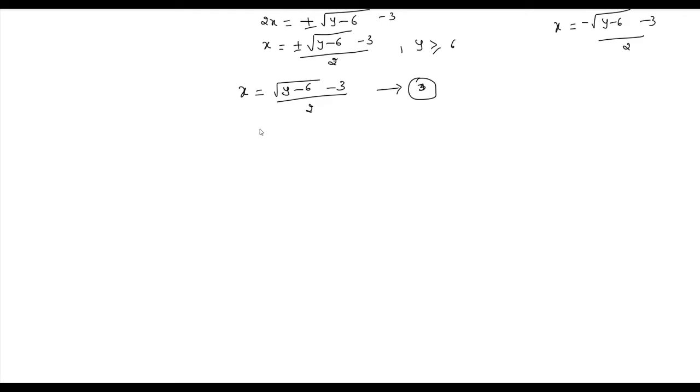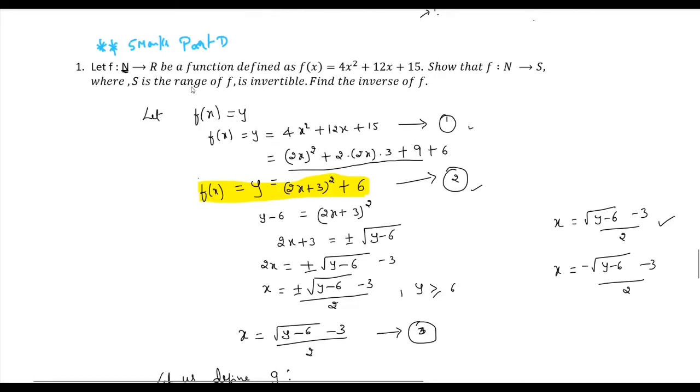We have expressed x in terms of y. Let us define the function g. From which set to which set? Now you check this in the question. It is given that f is from N to S. So we are not considering the real numbers as the codomain. We are considering the set S, which is the range of the function f.